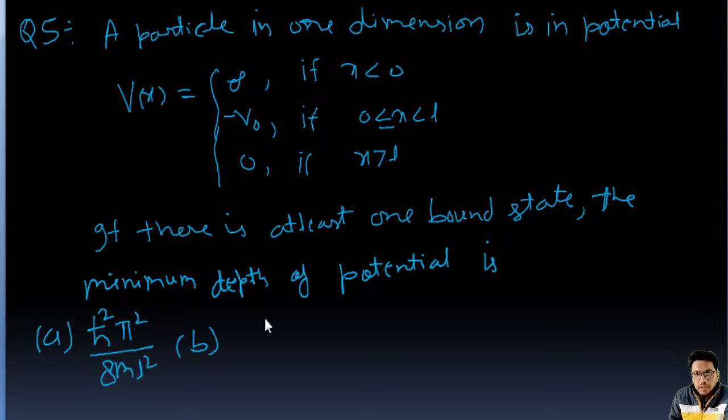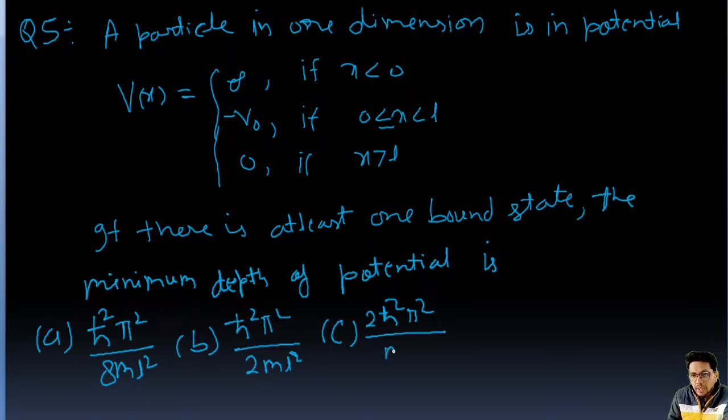Option B is h cut square pi square upon 2 m L square. Option C is 2 h cut square pi square upon m L square, and option D is h cut square pi square upon m L square.